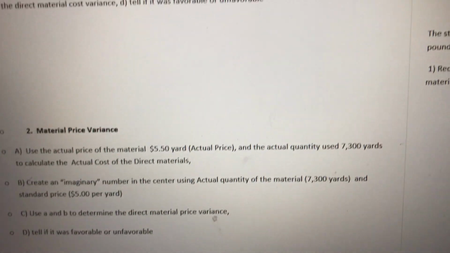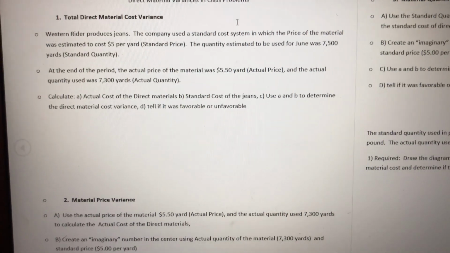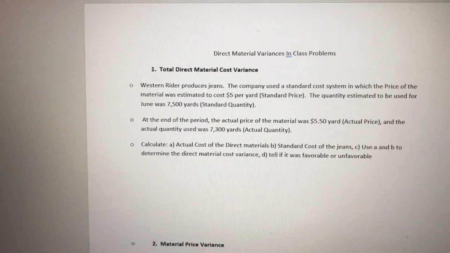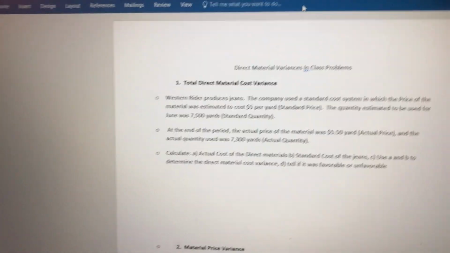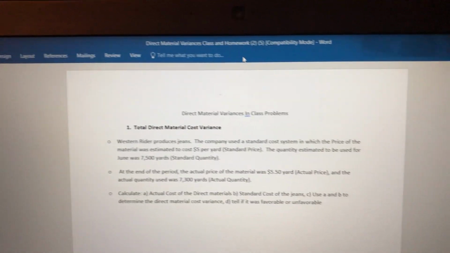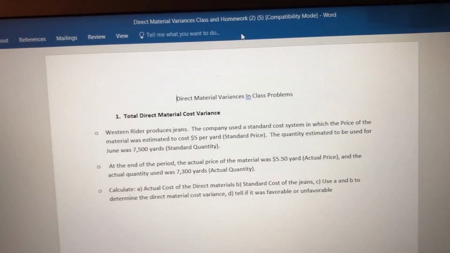Make yourself a copy of it. The first page is the one that we use in classwork that I'm going to work through now. The second page is the one that you do for homework. Okay, and I'm trying to get my little stand so that I can put down my phone. Okay, let's go over here and let's look at the problem.